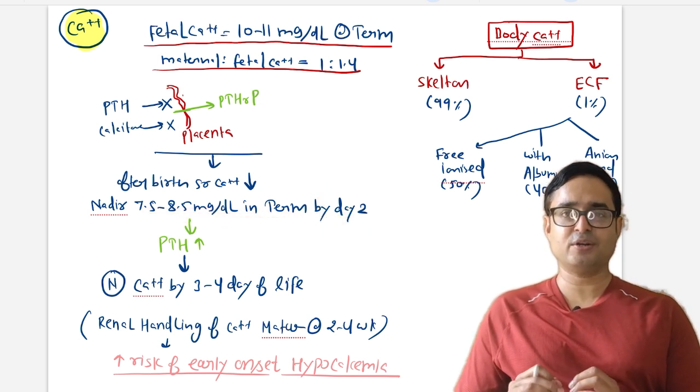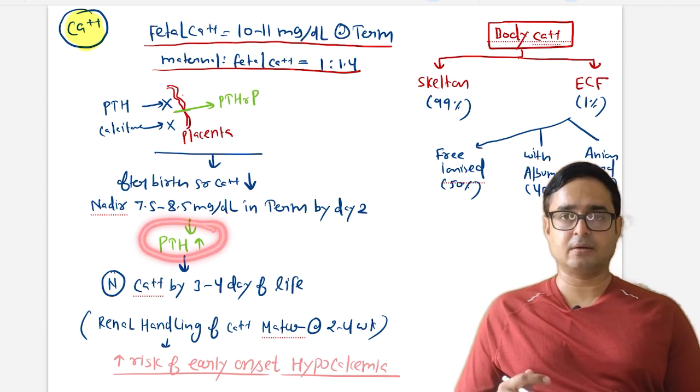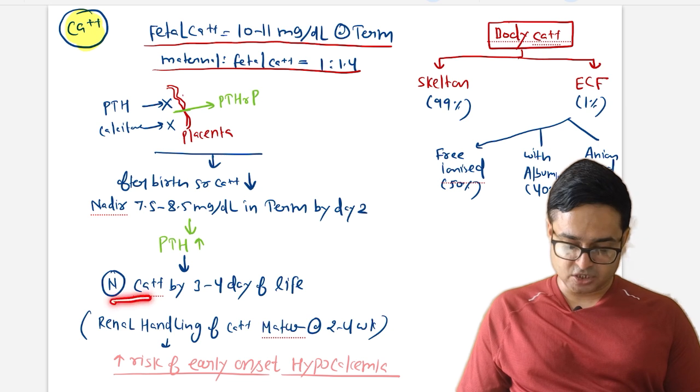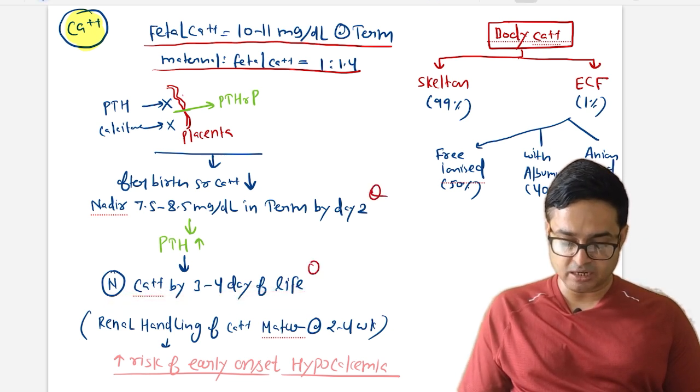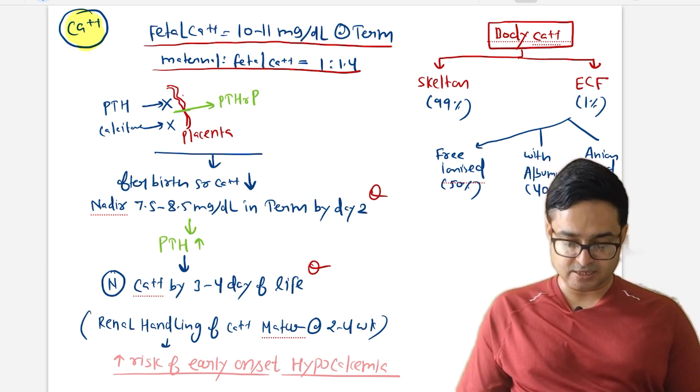After that, PTH increases because it senses hypocalcemia, and normal calcium is reached by 3 to 4 days of life. So these two things are important: physiological nadir occurs at day 2, and by day 3 to 4 normal calcium is achieved.